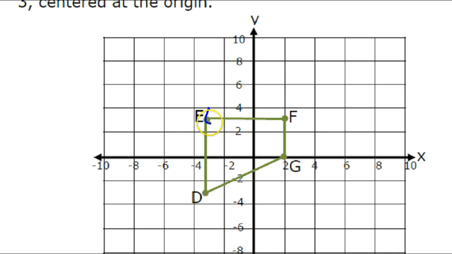So this one is -3, 3. And this one is 2, 3. This one is 2, 0. And this one is -3, -3.